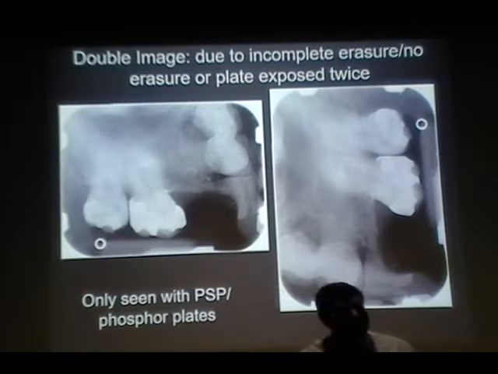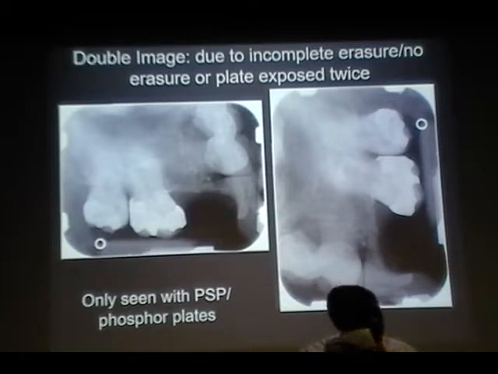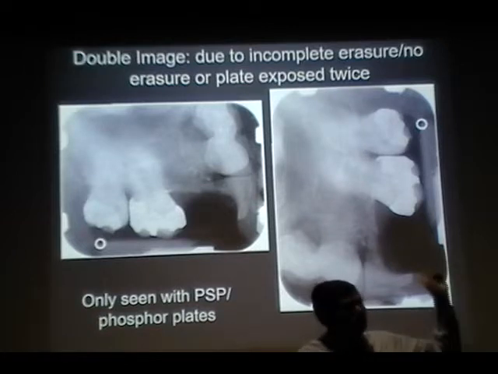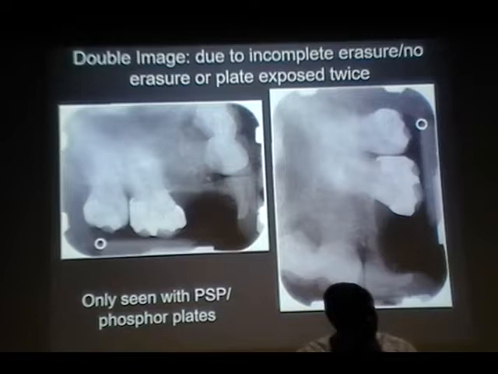With the PSP plates, it's slightly different. You take the image, and then you have to put it in a scanner. The latest scanners will take out the latent image that is present on the plate. If you don't erase it and take one more image, then you can get double images, because there was one image already, and on top of that, there is one more image.